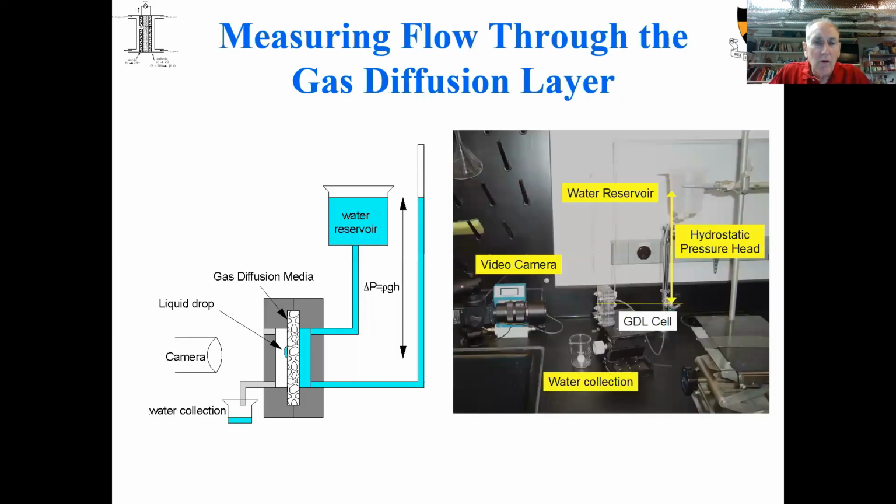We built a very simple device where we put the gas diffusion media, this material that has the small and large pores in it, and we put water in back of it with a water reservoir that we could move up and down to change the hydrostatic head of water. And then we looked at the flow rate going through this layer.